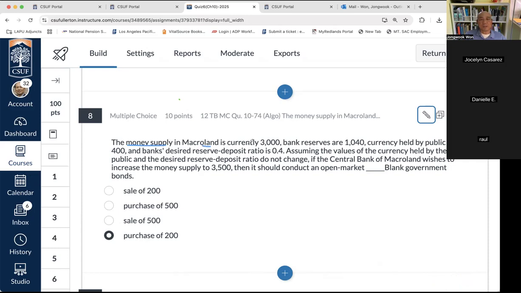Okay, money supply in macro currently 3,000. Total money supply. So bank reserve 1,040 means in the balance sheet of the bank, asset and liability.